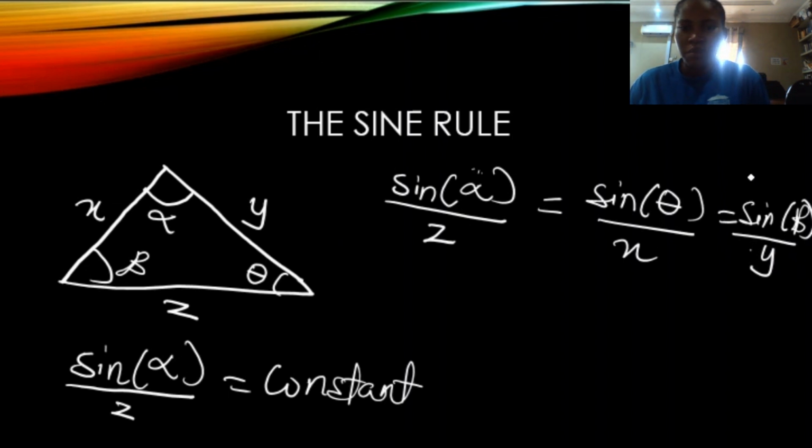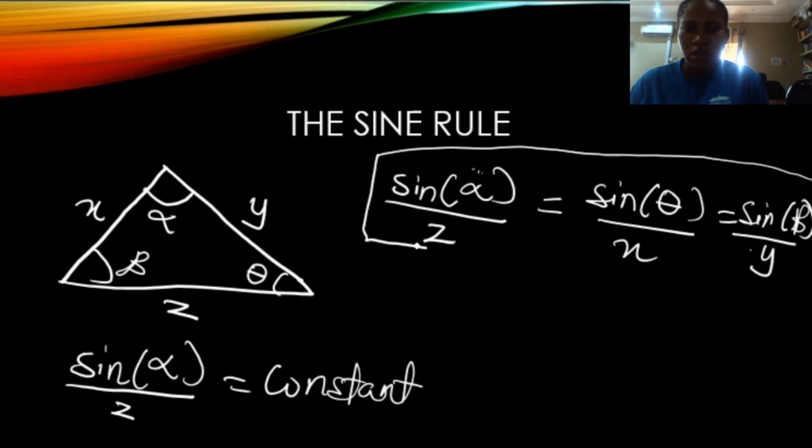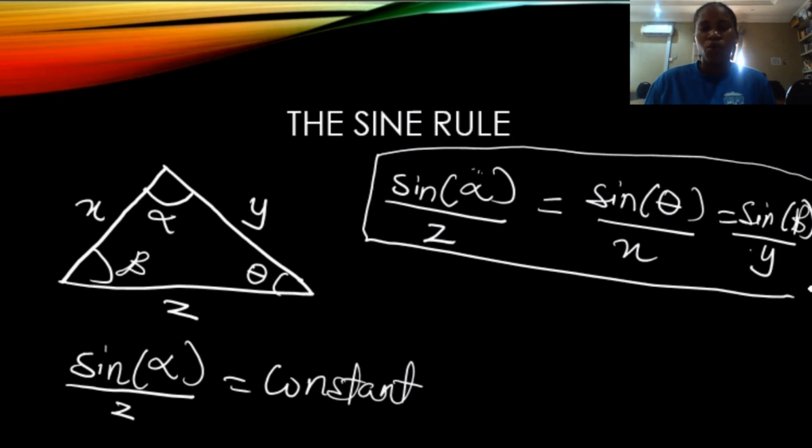This is mainly what we'll be looking at in the sine rule, or when they say sine rule, this is mainly what they are talking about. So always know that the sine of an interior angle in the triangle over its opposite side is always a constant, meaning it's always a number.